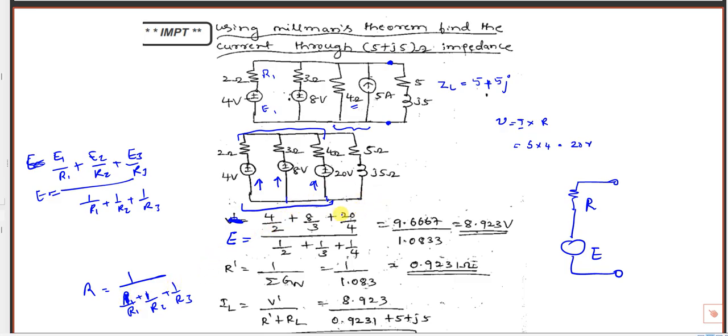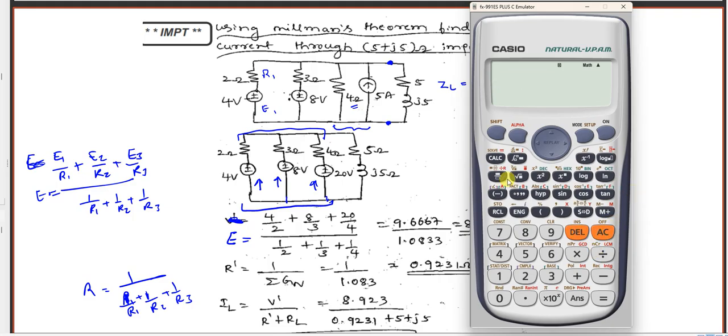Now we'll calculate using the calculator: 4 into 2 inverse, plus 8 into 3 inverse, plus 20 into 4 inverse, divided by 2 inverse plus 3 inverse plus 4 inverse.